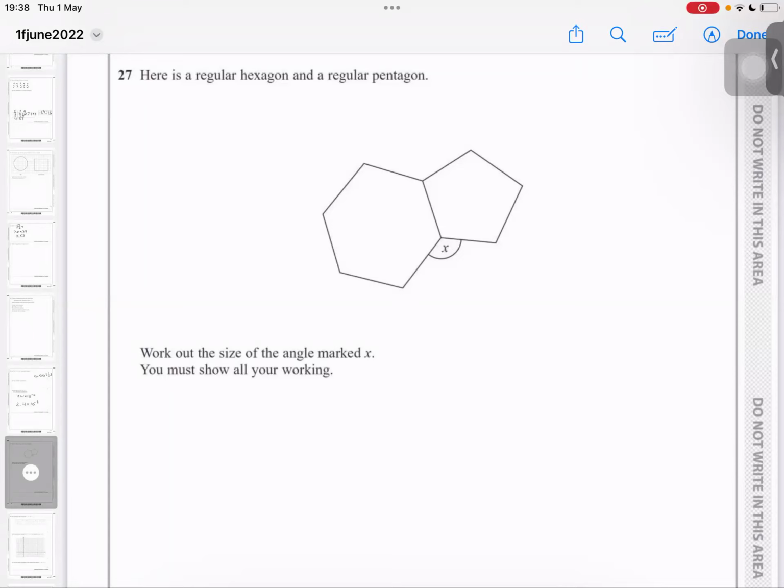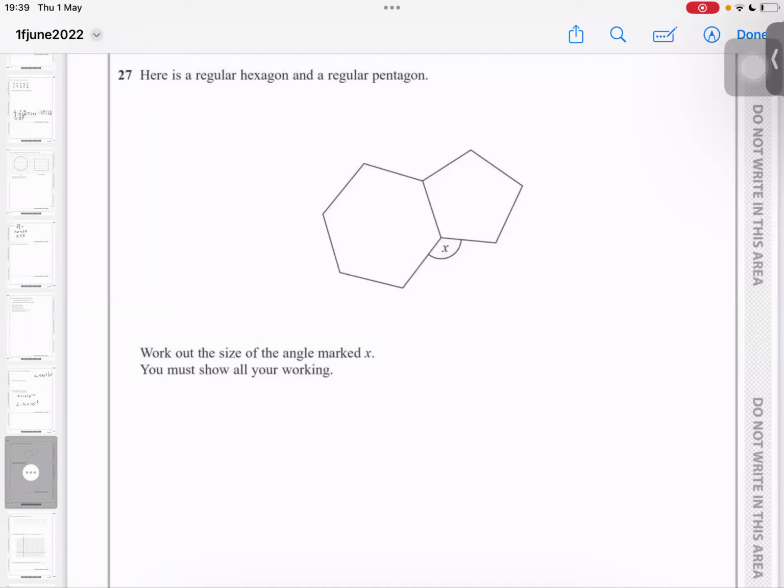The sum of exterior angles of any polygon add up to 360. So that's where we're starting our calculations from. We have to start with a fact, so that it's not like we're just guessing things, especially with this kind of shape, in which no angle was given to you. So whatever concept you come up with must be a mathematical fact.